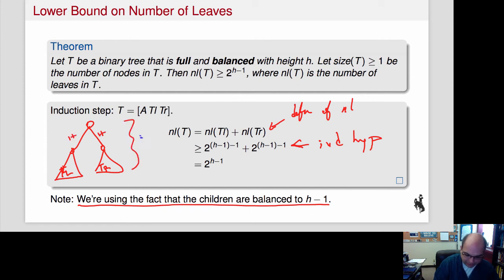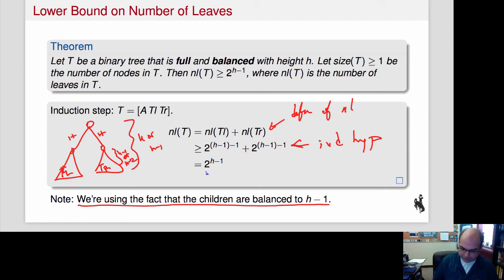So this whole thing is h or h minus 1, and I'm adding 1. So this here better be h minus 1 or h minus 2. Otherwise, let's say that it was h minus 5, add 1, I get h minus 4. Sorry, it doesn't work. So that's the only way to make it work. It needs to be h minus 1 or h minus 2. So it has to be balanced to h minus 1. That's essentially the argument.